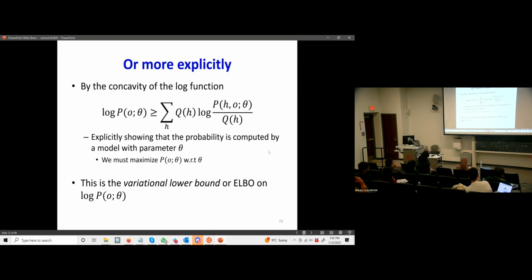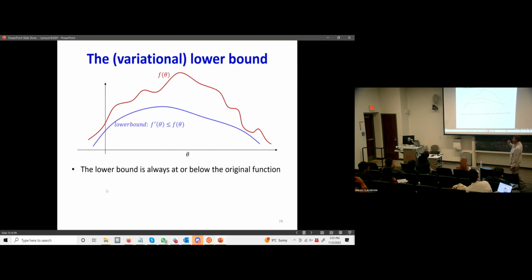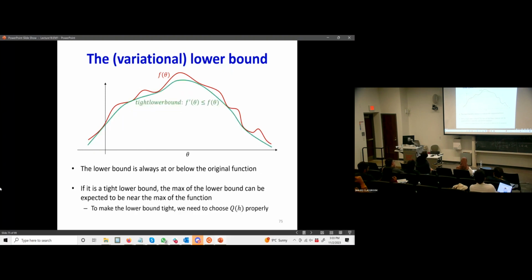And what this little formula tells us is that the term to the right, regardless of how you choose Q, is always going to be below the log likelihood of the data itself. So far, so good, right? Now, you have come up with a lower bound, but then I can come up with a tight lower bound. What is a tight lower bound?